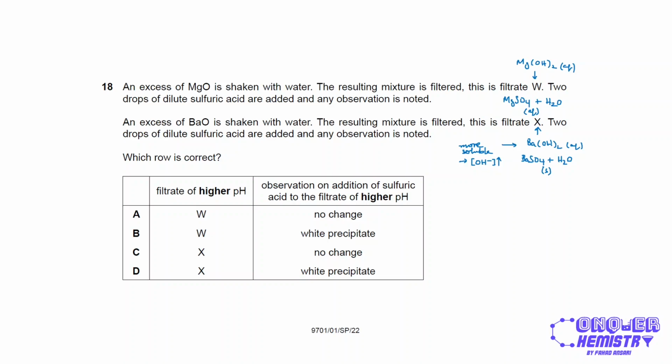So filtrate X is going to be the filtrate with the higher pH, which is more alkaline due to greater concentration of hydroxide ions. And when we add sulfuric acid to this filtrate X, we're going to get a white precipitate of barium sulfate. So this is going to be option D.